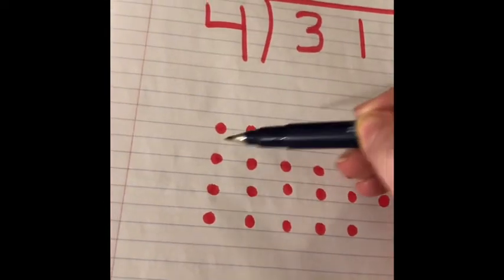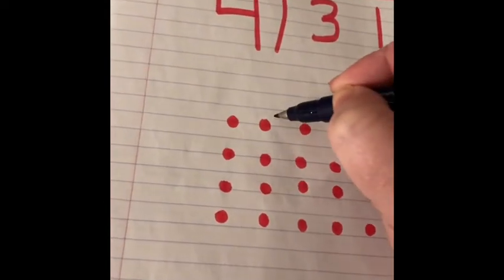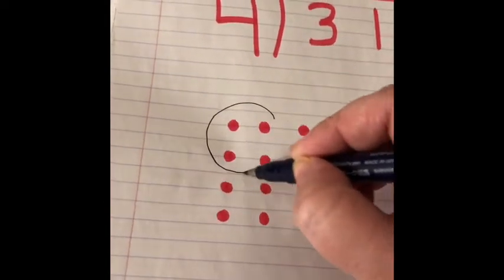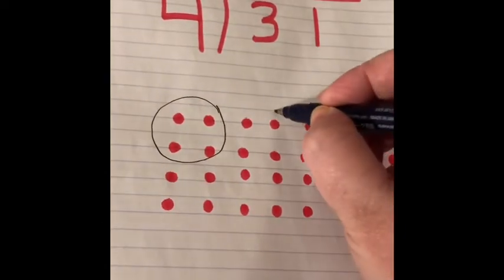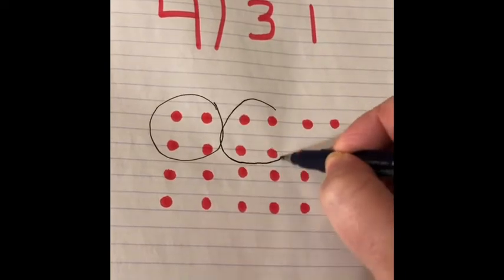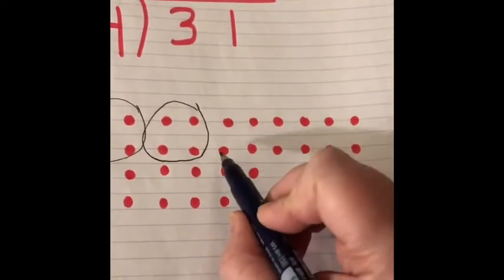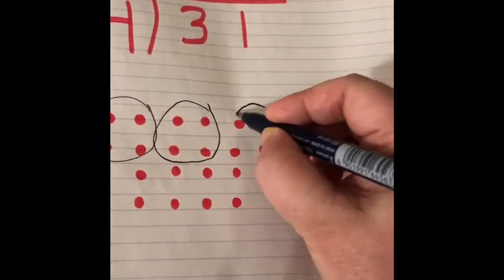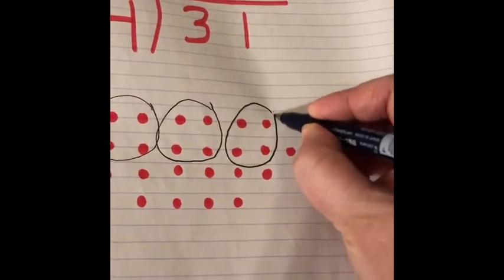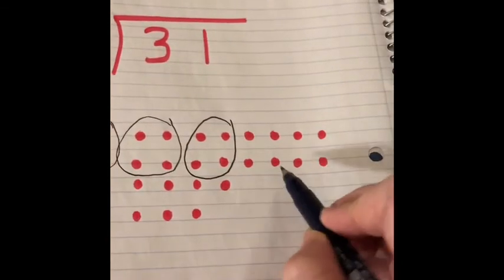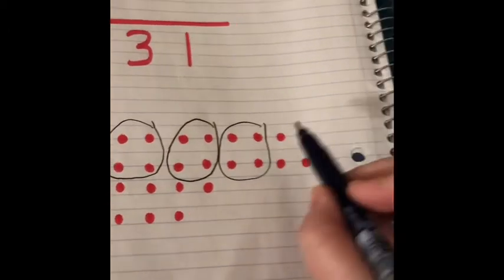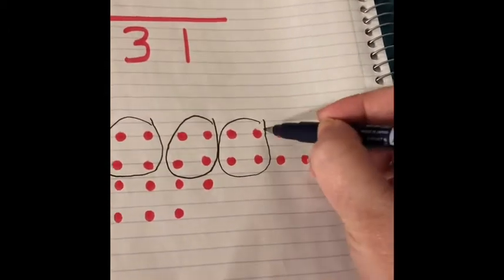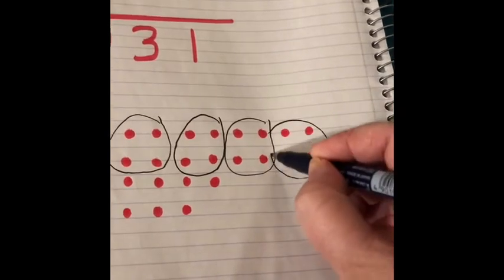1, 2, 3, 4. There's a group. 1, 2, 3, 4. There's a group. And another group, and another group, and another group of 4.